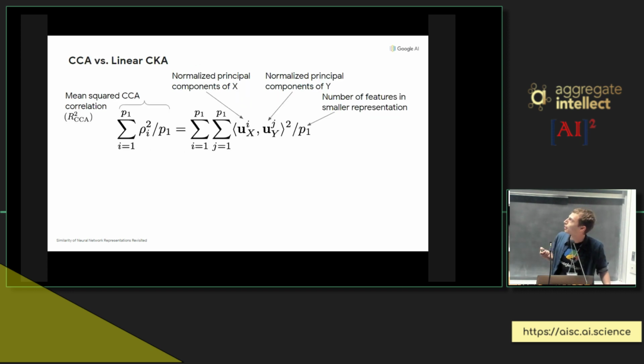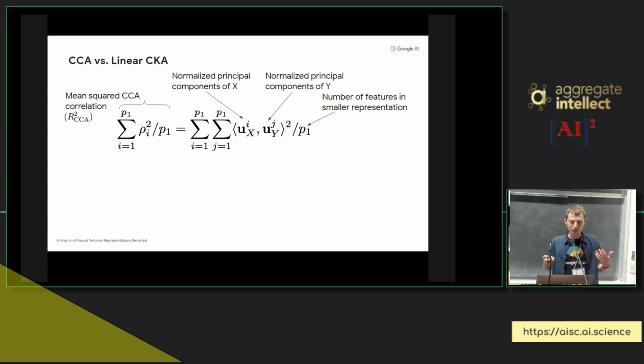It turns out to get a similarity index from CCA, you can sum up the squared CCA correlations and divide by the total number of CCA correlations, which is the number of features in the smaller representation. And if you do that, it's equivalent to taking the dot product between all possible pairings of principal components of X and Y, with the principal components normalized to unit length, and then again dividing by the number of features in the smaller representation.